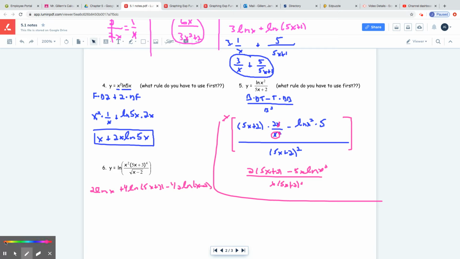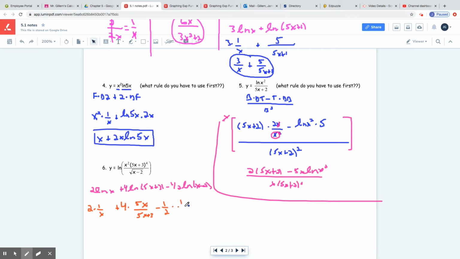All right, so now we just take the derivative of each of those. So it's 2 times, what's the derivative of natural log of x? That's 1 over x. We'll simplify that in a second. This is 4 times the derivative of the inside, which is 5x plus 3, the derivative of that is 5 over 5x plus 3, minus 1/2 times the derivative of the inside.